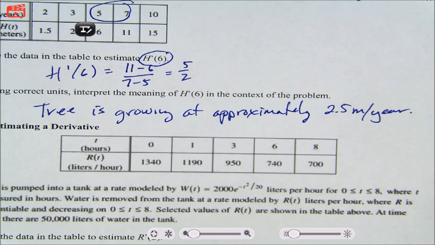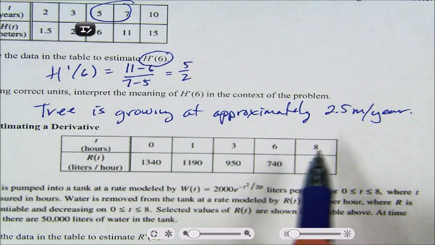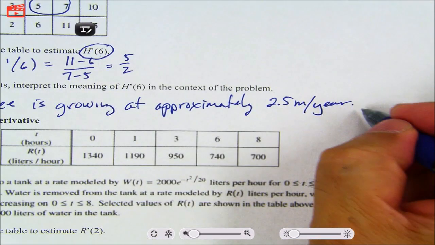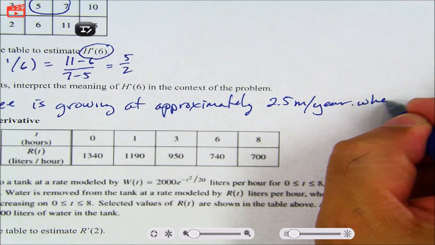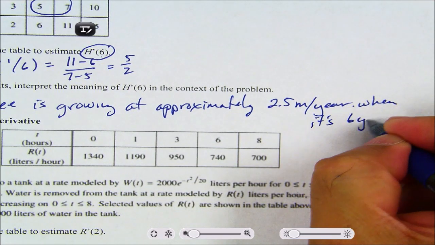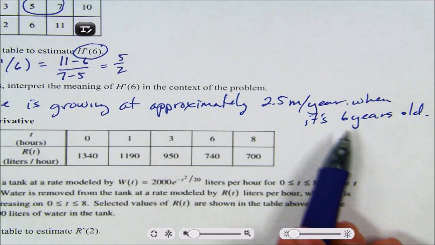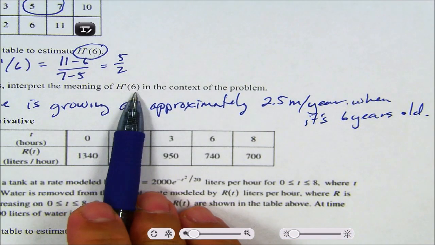So where do you get this 5? 5 divided by 2 is 2.5. Oh, I'm missing something. When it's 6 years old. You've got to mention the time frame there, because it was h prime of 6.